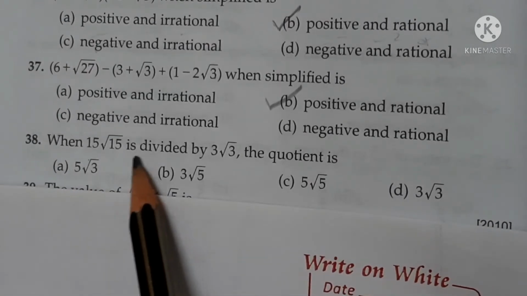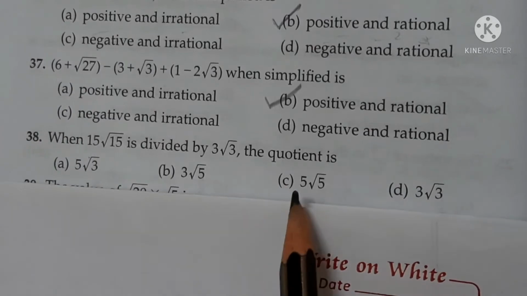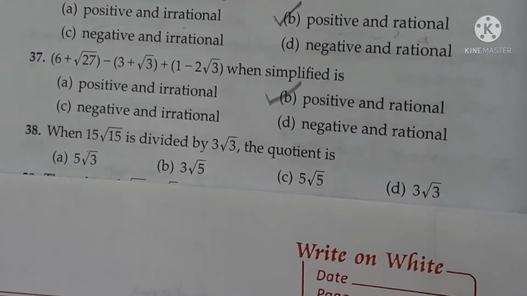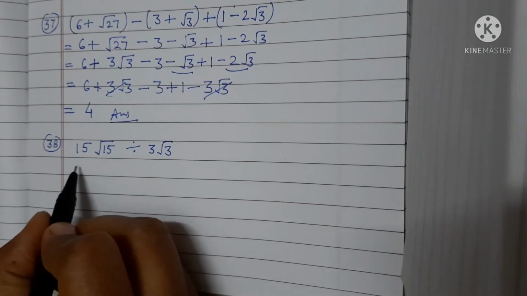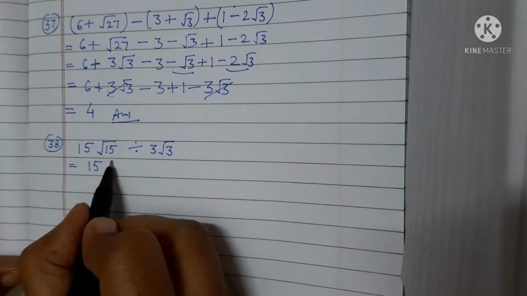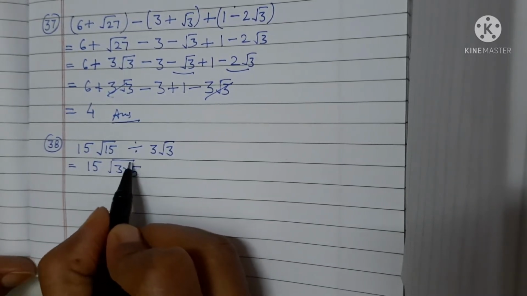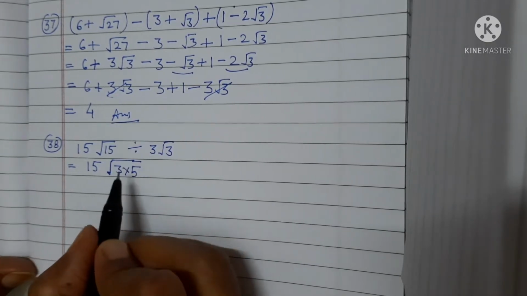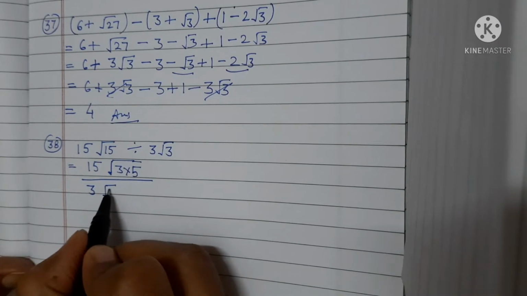When 15√15 is divided by 3√3, the quotient is. Now solve it. Now 38, 15√15. You can write it as 15 and √15 will be √(3 into 5) upon 3√3.